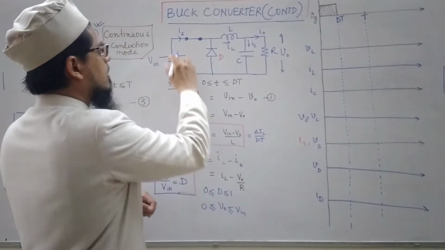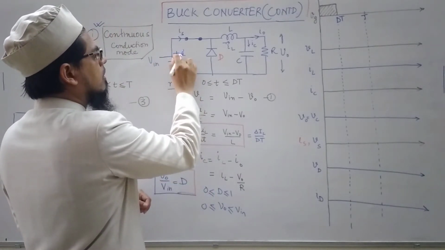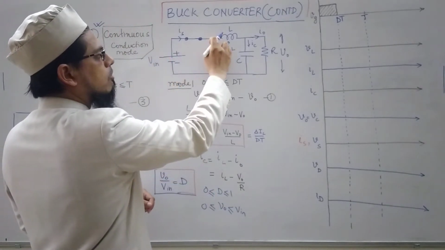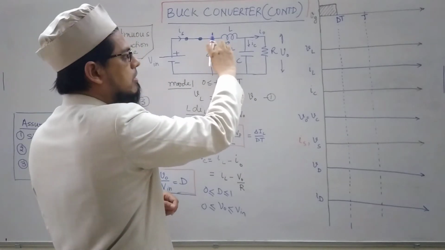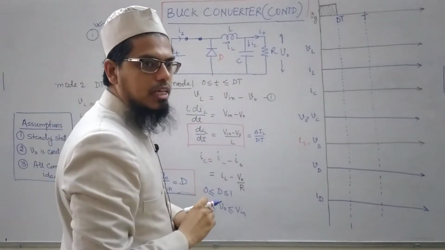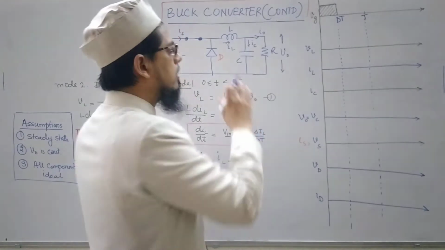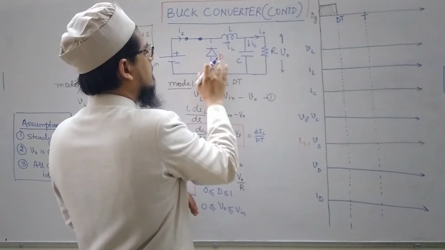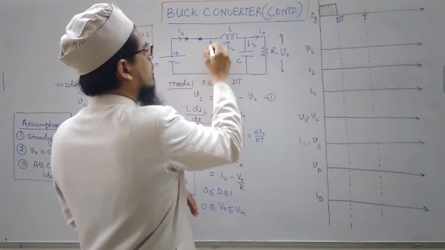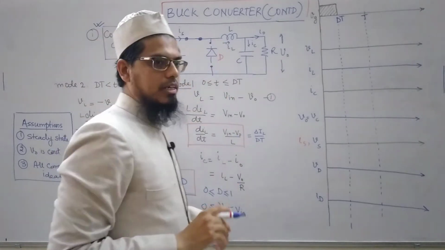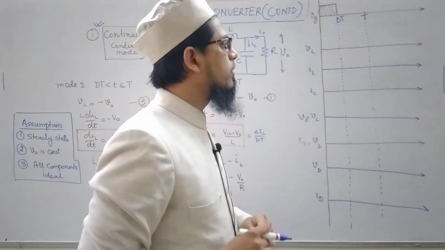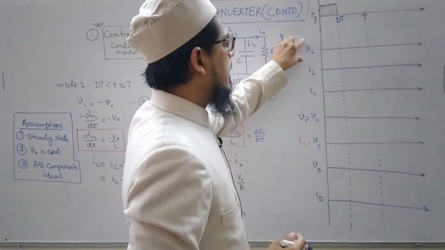So that means this positive polarity appears across the cathode of the diode. That means this diode is open circuit, so no current is flowing through the diode. It is as good as this diode is open circuited. Okay, so let us try to plot VL.